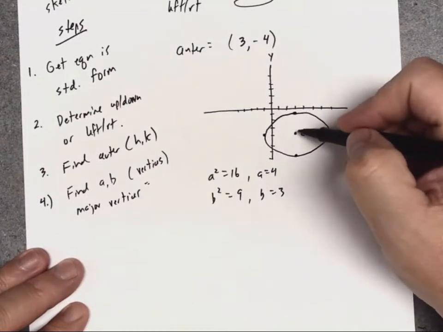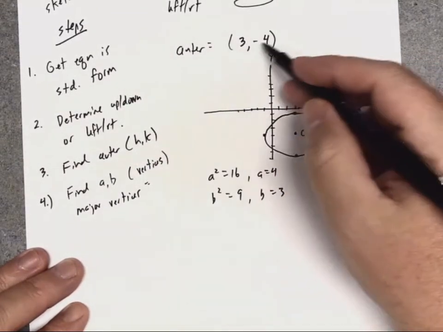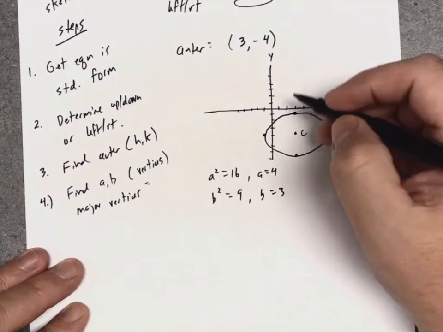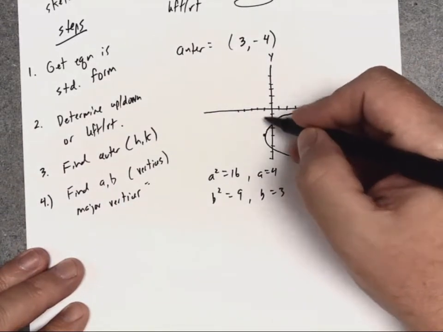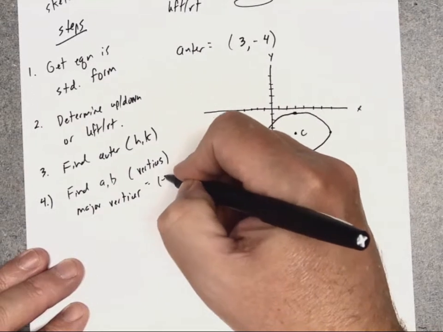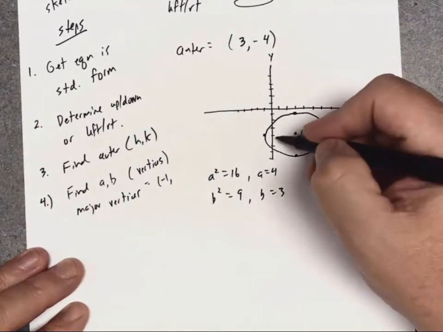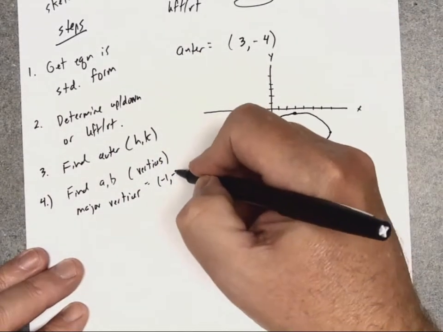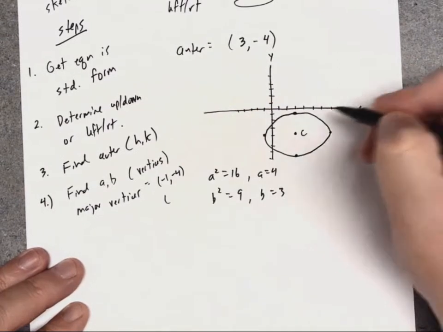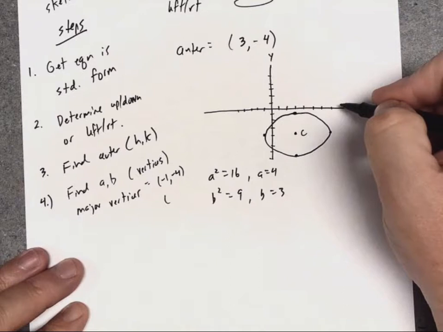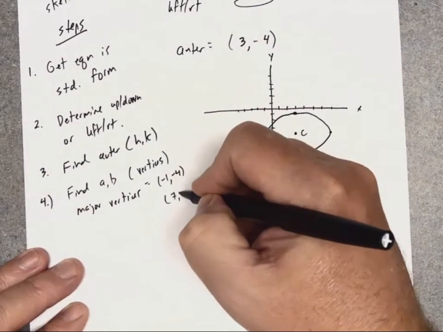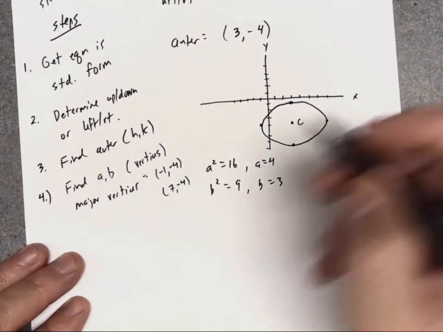I already have the center up here. For the major vertices, I moved 4 this way, which put me at (-1, -4), and the other at (-7, -4).